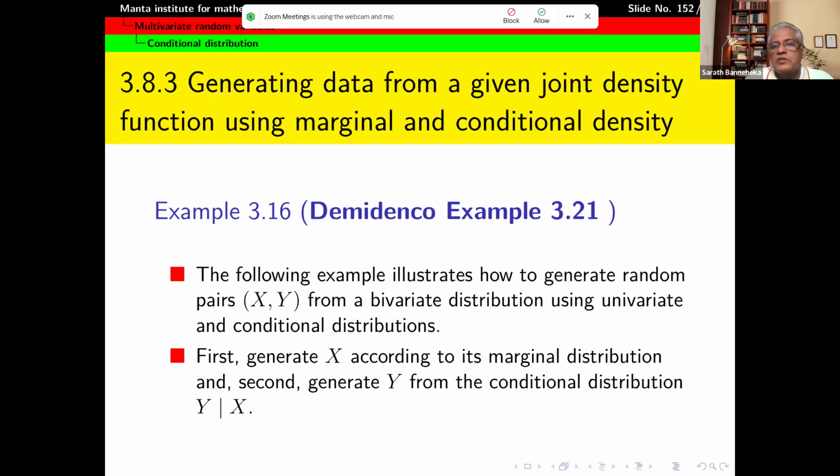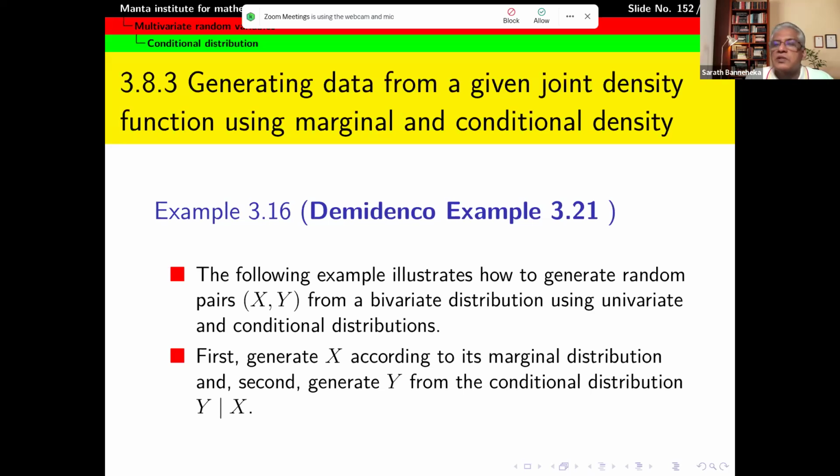We know that the conditional density is equal to the joint density divided by the marginal. So using this idea, we are going to generate some data from a given joint density using the conditional distribution and the marginal distribution.